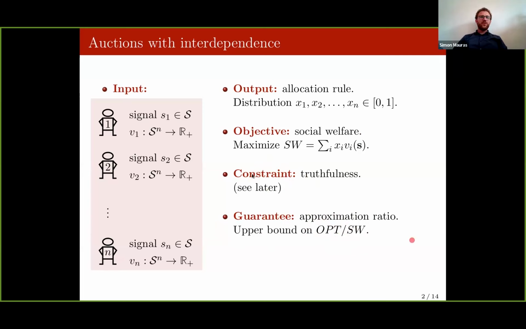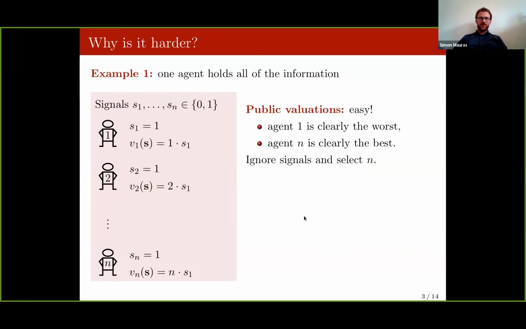Okay, so now the question is, why is it harder to do this when valuation functions are private? Let me start with a small example of what happens if one agent holds all of the information. Think of this example as every buyer i having a value equal to i times s_1. So s_1 is the only important information.